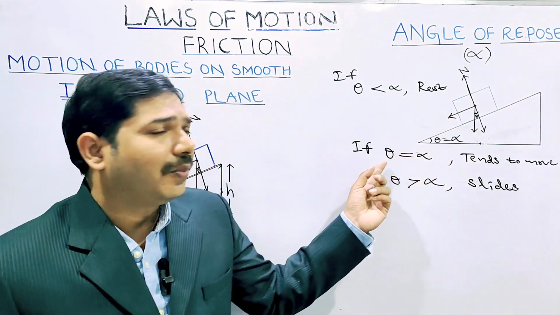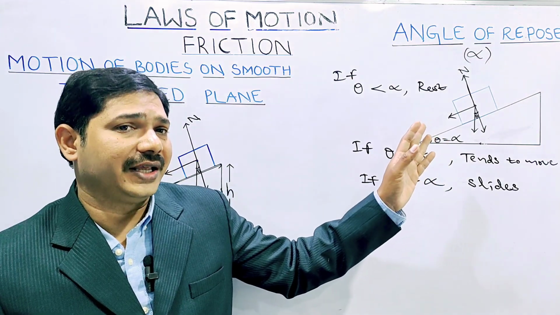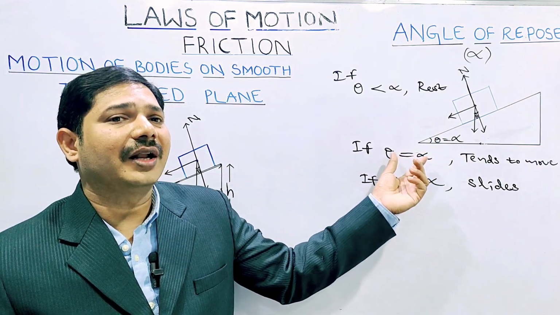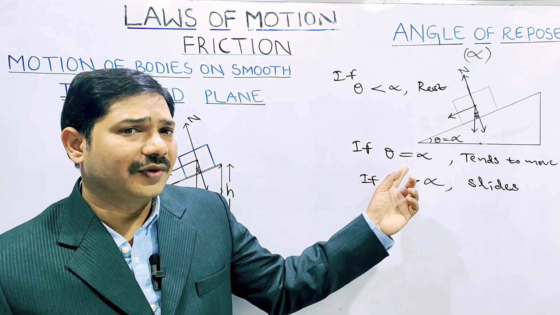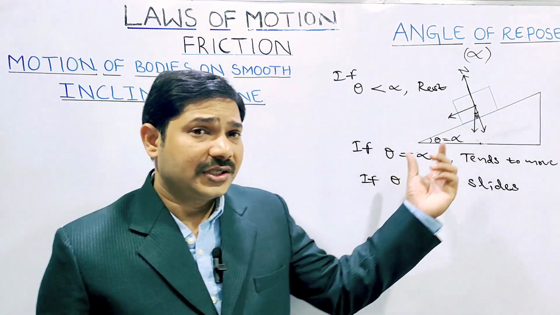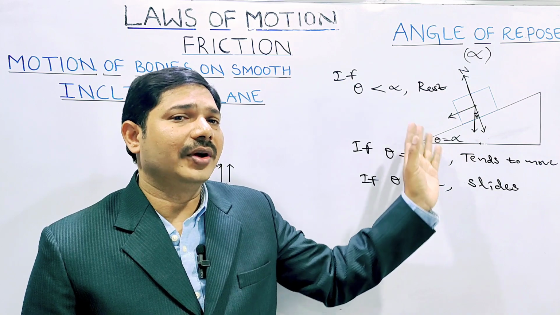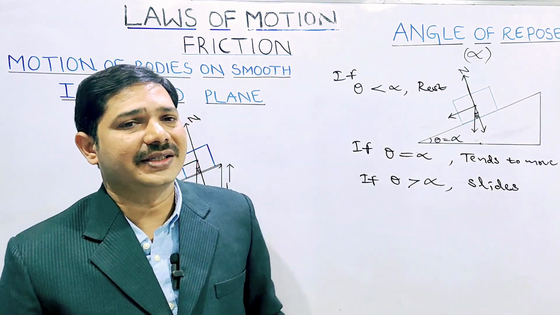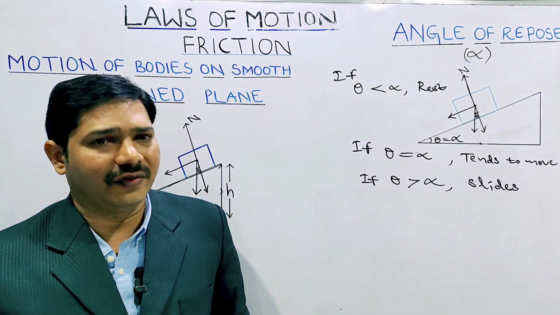When the inclination angle is gradually increased to a particular angle, the body is ready to move; at that time the angle of inclination equals the angle of repose. If the angle of inclination is increased more, the body slides, so theta is more than alpha.